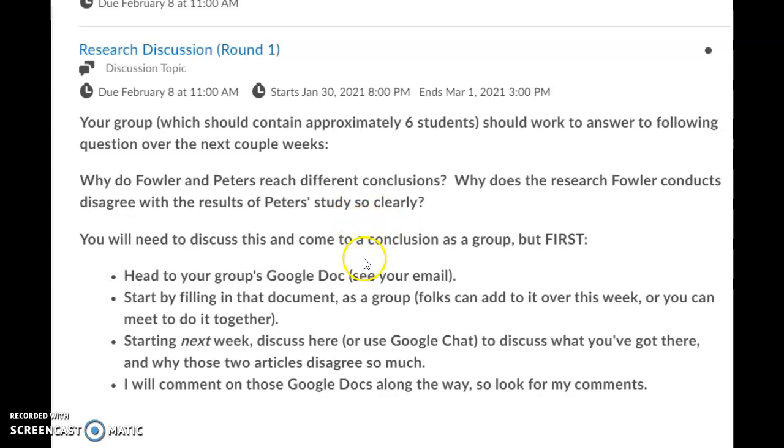You can do a Google Meet and talk. Or you can just say, hey, over the next few days, let's work on filling this in. You just reach out to your group mates to figure out what you want to do there. You can email them through the Google document. You can leave messages in the discussion area of our class, okay?